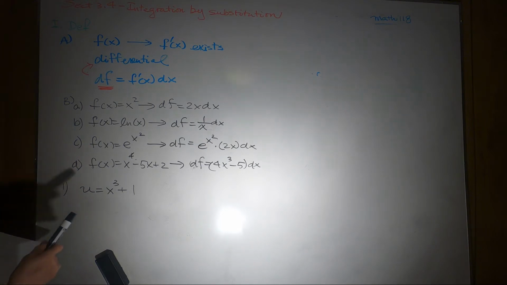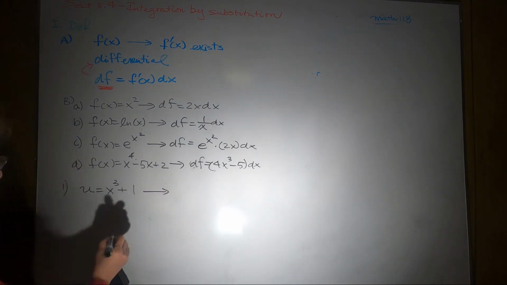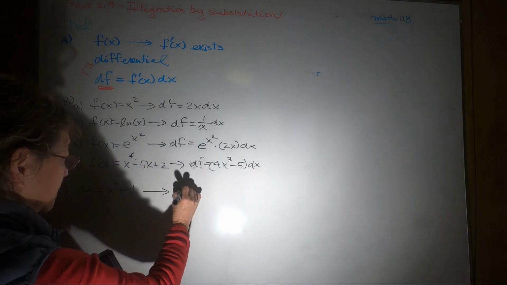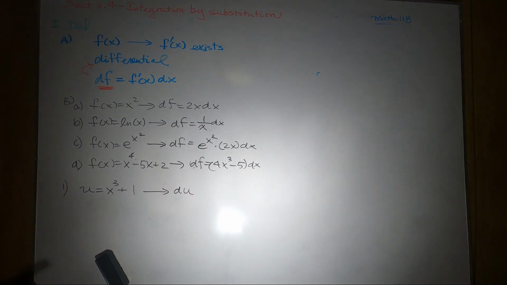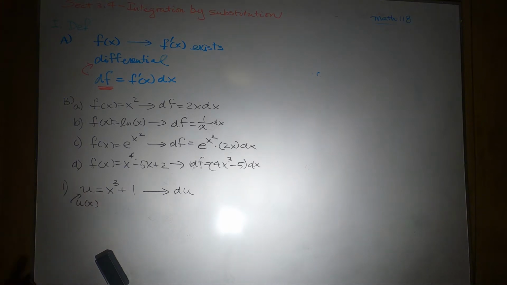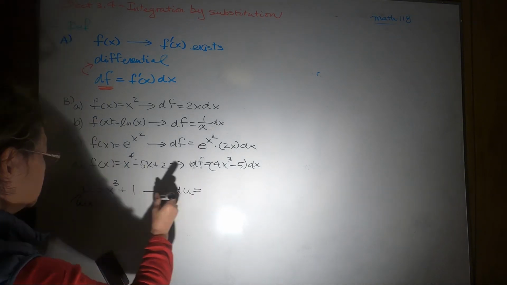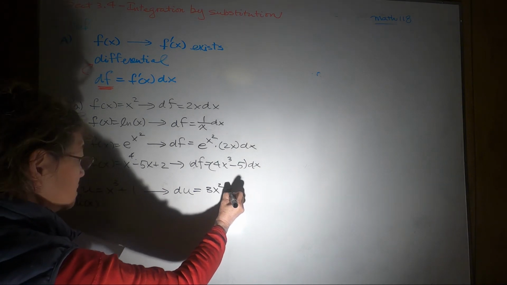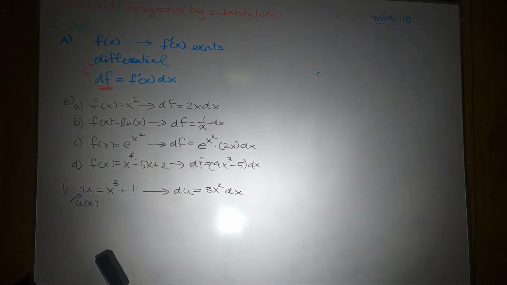But when I take the differential on each side, for this side I get du, just like f of x; u means u of x actually. Taking the derivative on this side will be 3x squared dx.